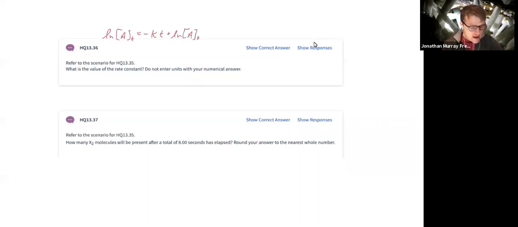Right, so A at time 0 is our initial concentration. A at time t is our concentration at some point in the future. So we know two of those values, right? We know at time 0 we had 12 molar. We know at time 5 seconds we had 6 molar, right?